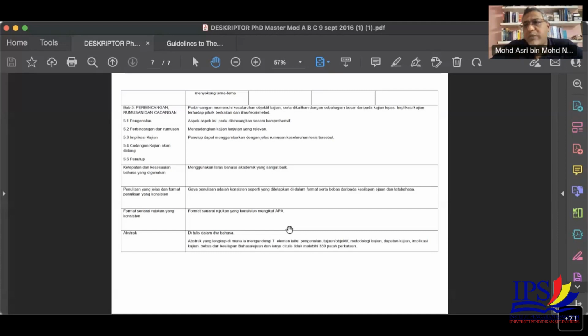But of course, always remember, when you do your discussion in chapter 5, you are supposed to be critical. Critical discussion of the findings, because you don't want to simply describe what you have found.